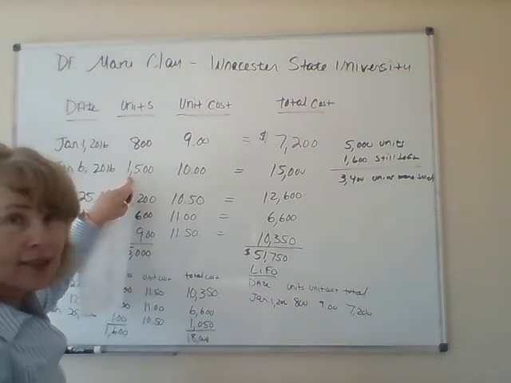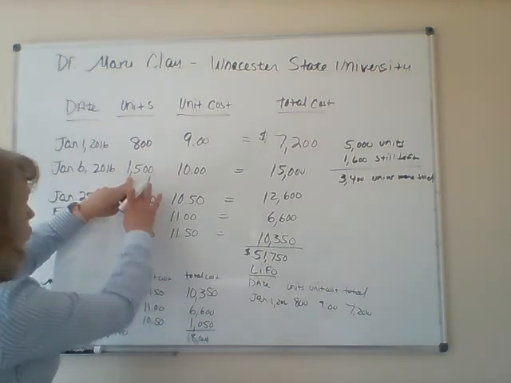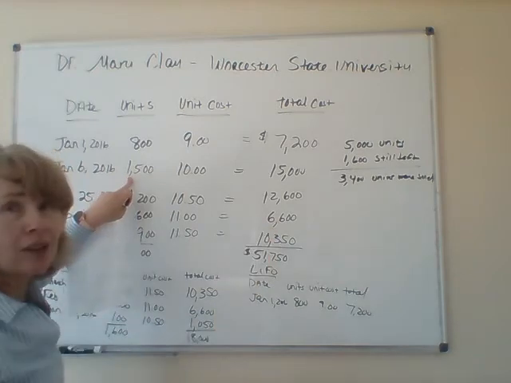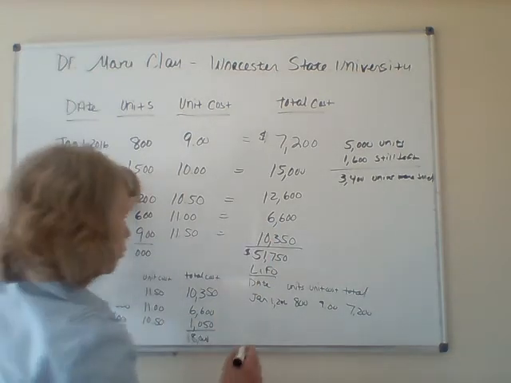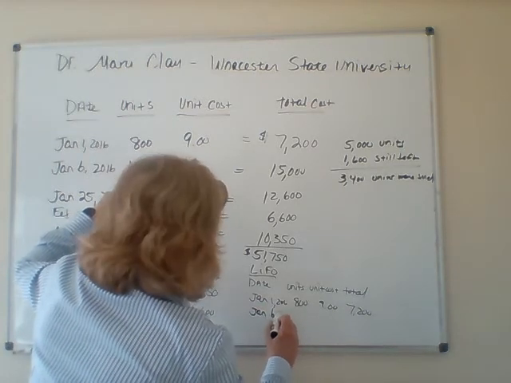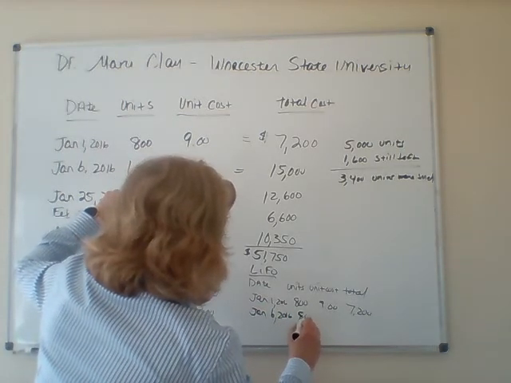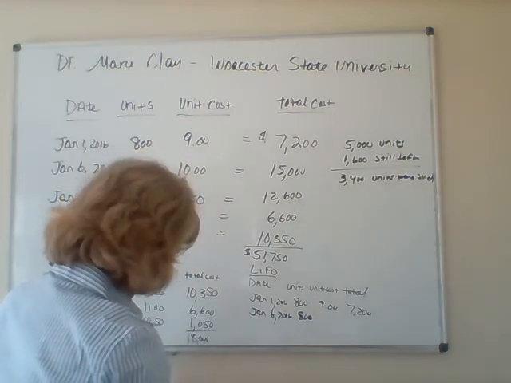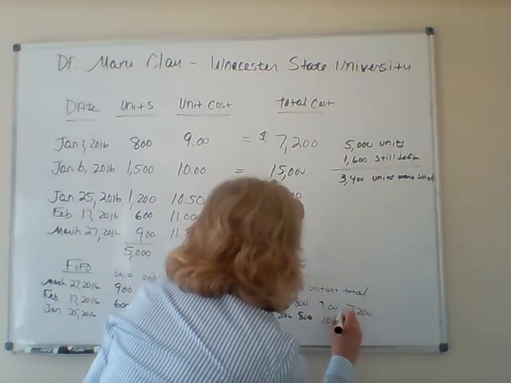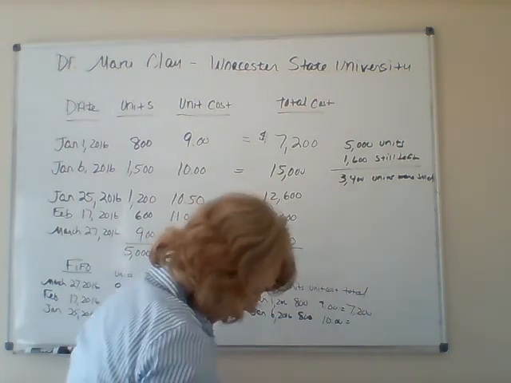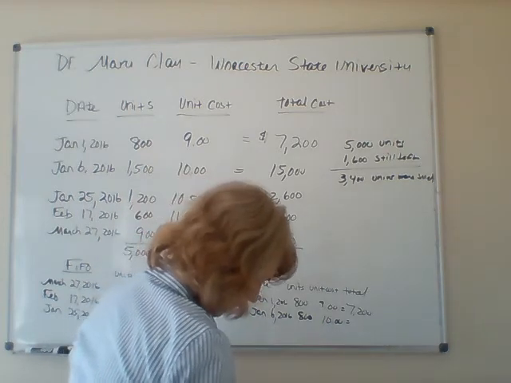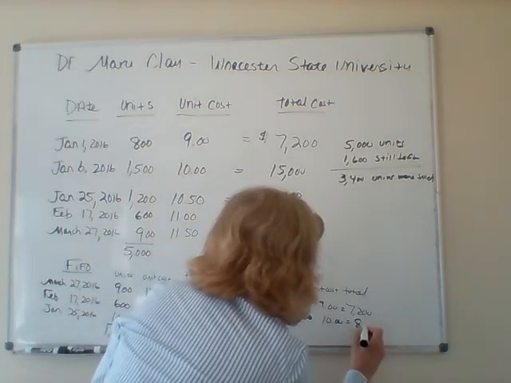I'm already to 800. If I took all 1,500, I would go over. I want to figure out what's still left in inventory. So I go January 6th, 2016, 800, and I just work $10. 800 times 10, that is $8,000.